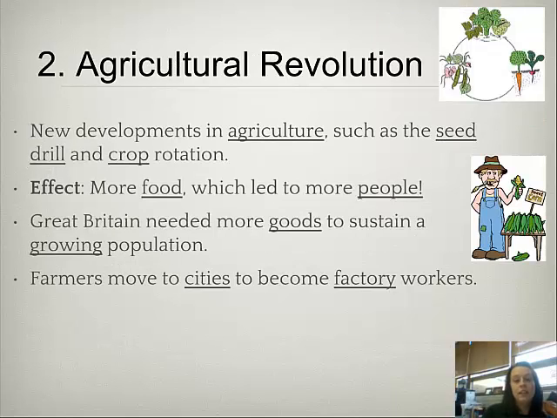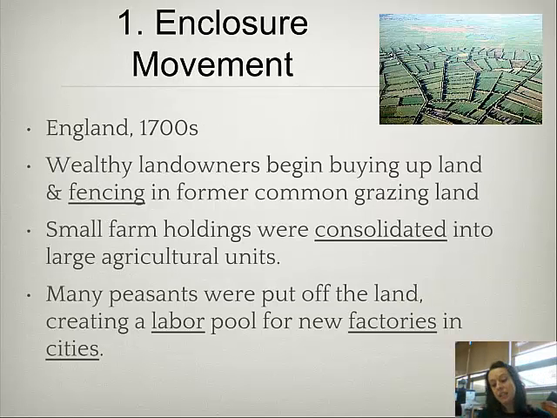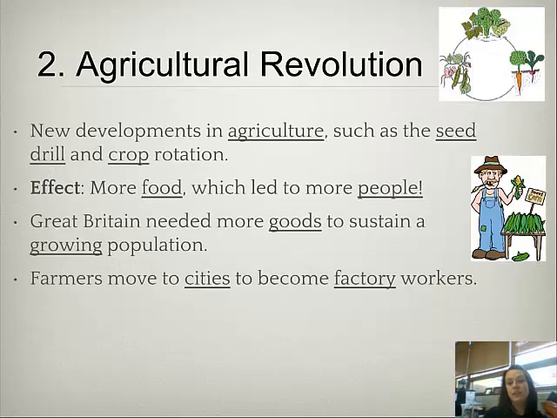So the enclosure movement actually starts the agricultural revolution. So these are new developments in agriculture, like the seed drill, crop rotation, new breeding techniques. These are all things that make growing crops much more efficient, and the crop yields go up.